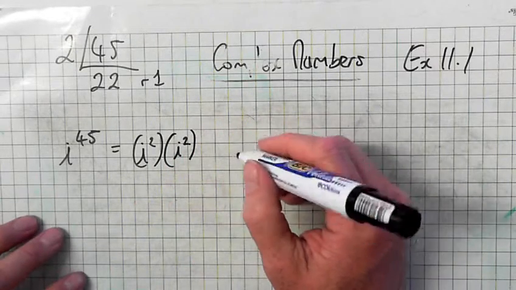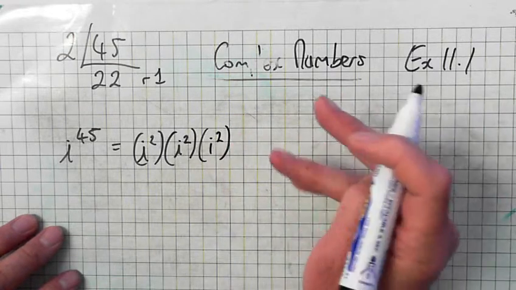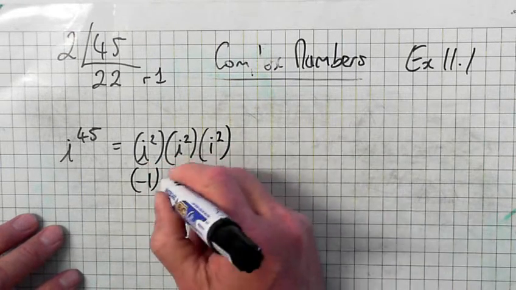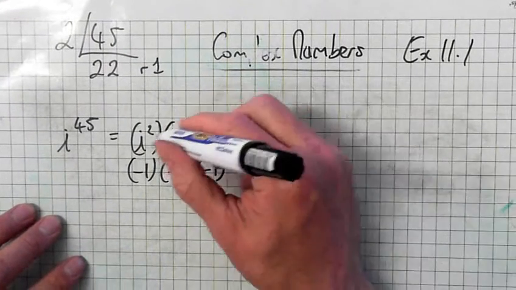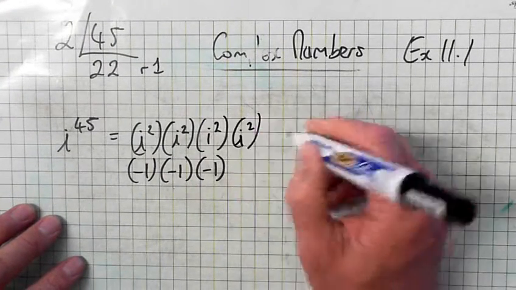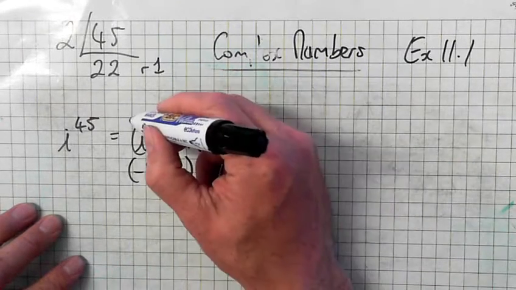22 is an even number, isn't it? So am I going to end up with minus 1 or a 1 when I multiply all the minuses? Remember I said 22 is an even number. So it's even, they're in pairs.